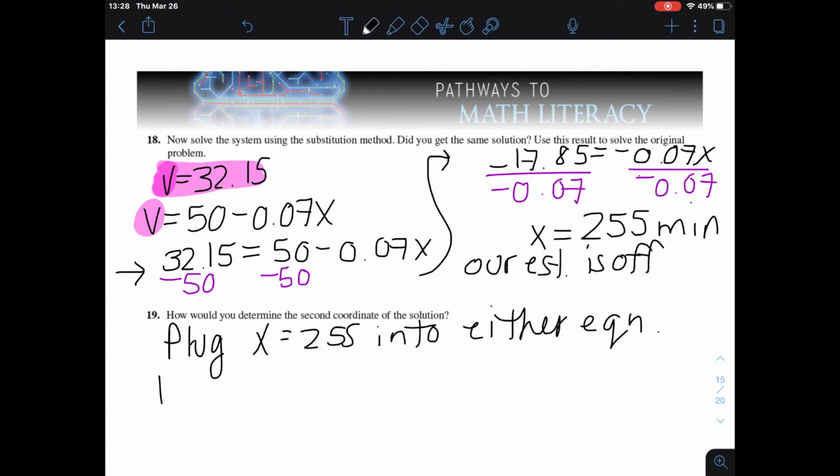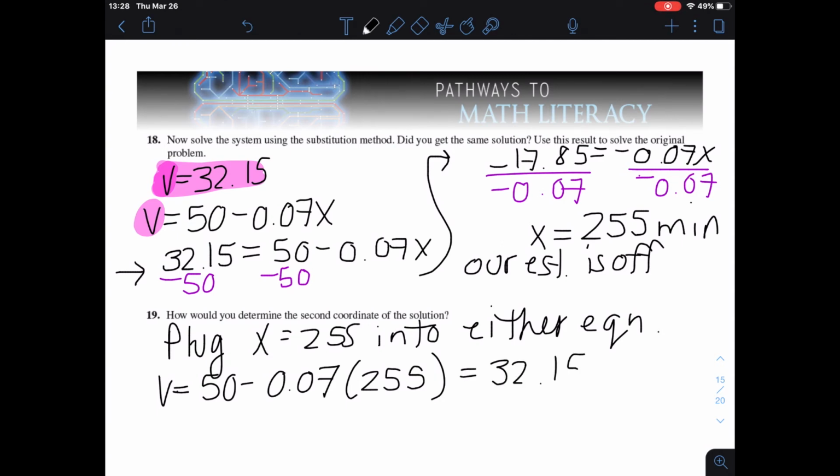But I'll plug it into the second equation so you can see it also satisfies it. If you plug in x is 255 into this equation, you still get 32.15. So the solution is he's used 255 minutes, and the remaining balance on his card is $32.15.